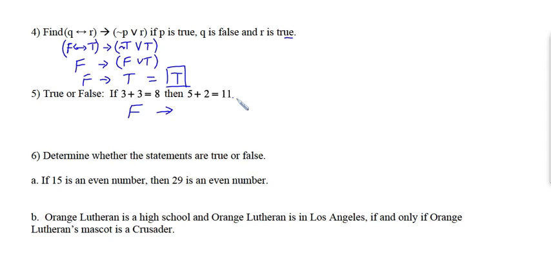Then 5 plus 2 equals 11. Well, 5 plus 2 equals 7, so that is a false statement. Now, if false, then false is a true statement. So as odd as it seems, when we say if 3 plus 3 equals 8, then 5 plus 2 equals 11, we're saying a true statement.